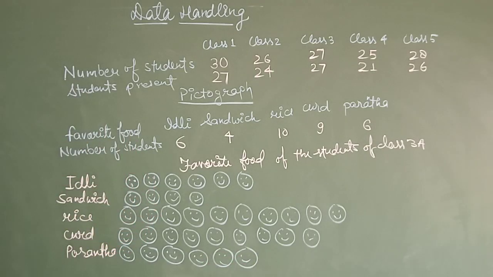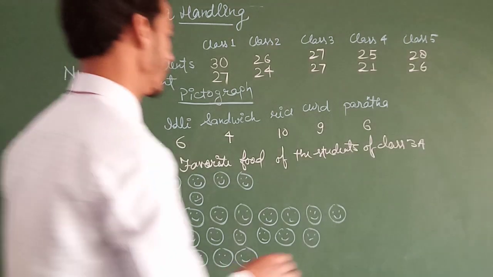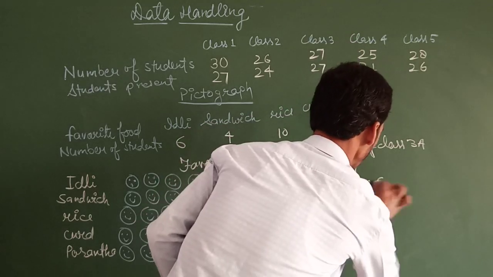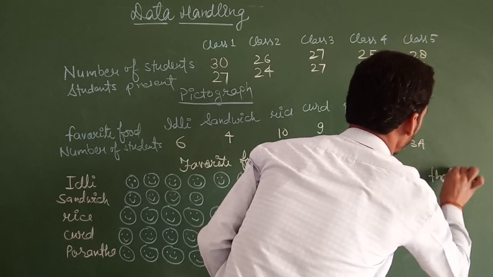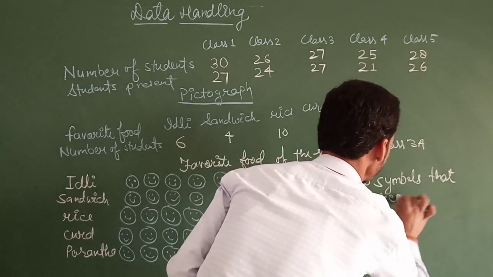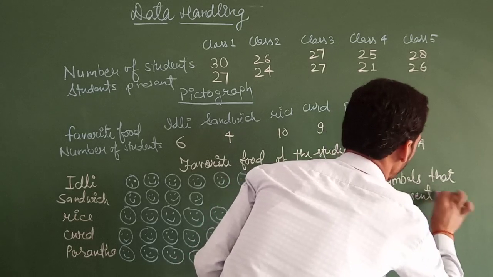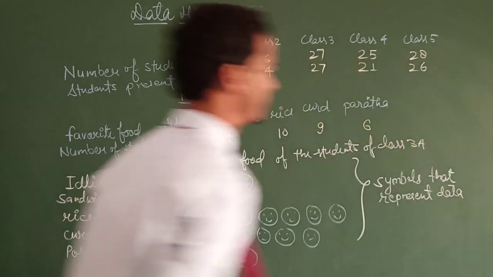And now we have to find that each smiley stands for 1 student. These are symbols that represent data.